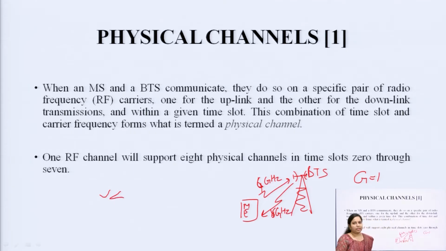So, this is the case where we are using a set of frequencies for the purpose of transmission and reception, and within a given time slot. So, this combination of time slot and carrier frequency forms what is termed as physical channel. Physical channel means allocating a set of frequencies for uplink as well as downlink.